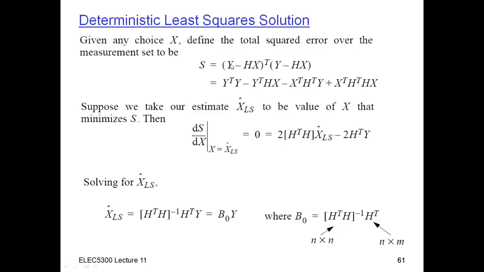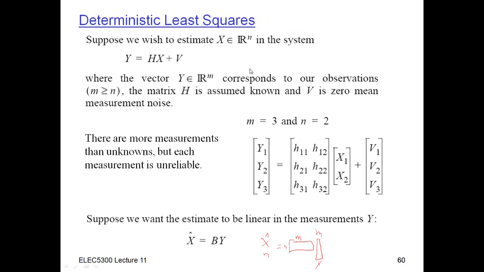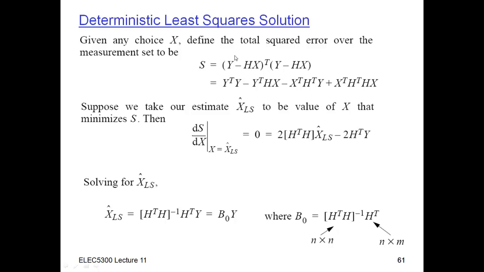Remember, these two are not going to be the same because of this noise term v, but they should be close to each other. So I'm going to measure how close these are by taking y minus Hx, transpose, times y minus Hx. And this thing here is going to be a scalar, not a matrix.